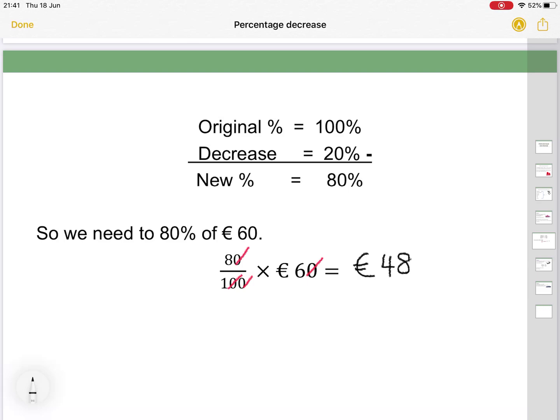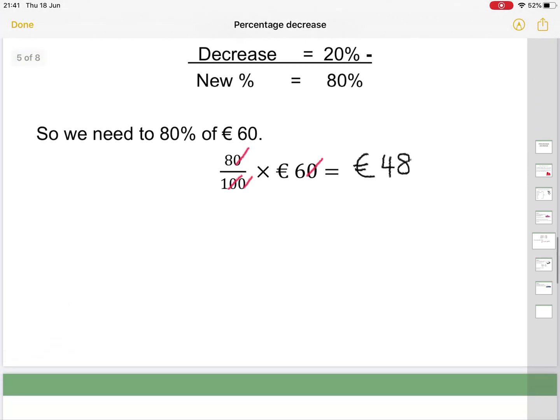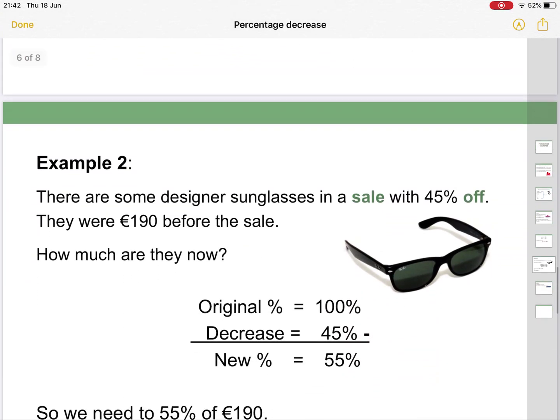Check, boys, whether your answers make sense or not. It's very important, all right? If it's a case of percentage decrease, then the answer must be less than the original, which it is, so it makes sense.